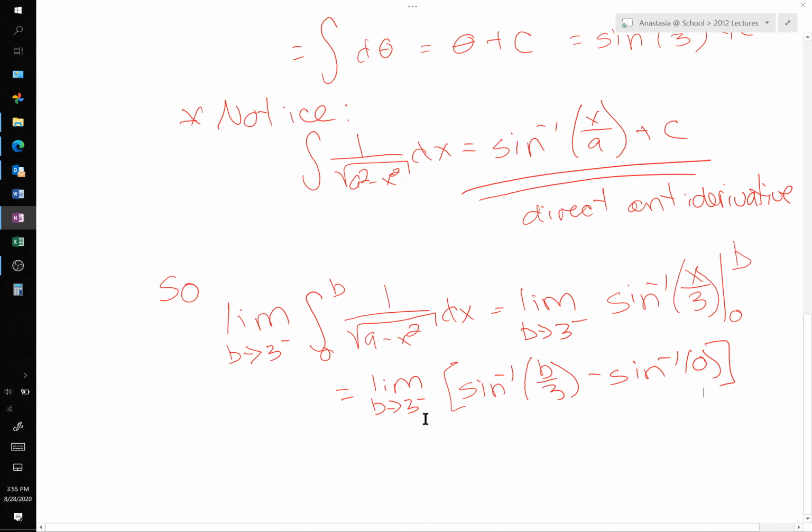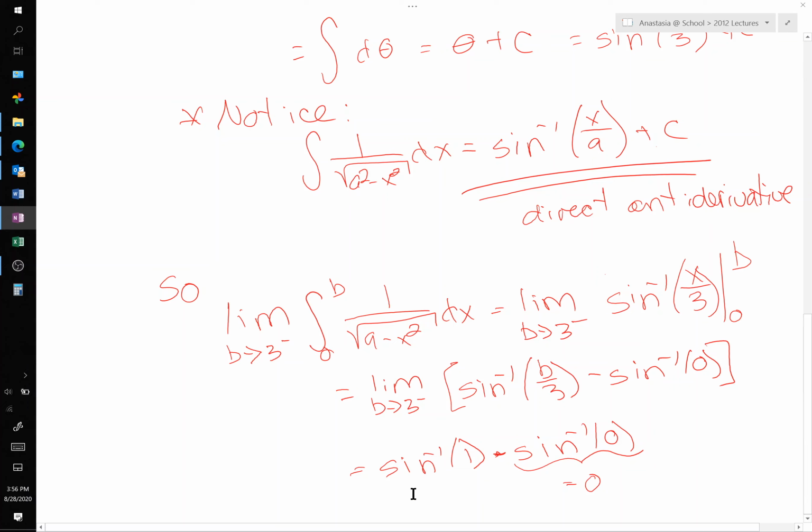It's always good to try direct substitution when you're evaluating a limit. If you did this, you would plug in 3, divide by 3, and get 1, so you'd have the arcsine of 1, which actually is defined. So, inverse sine of 1 minus the inverse sine of 0. The inverse sine of 0 is an angle that gives you a sine value of 0, so that is 0.